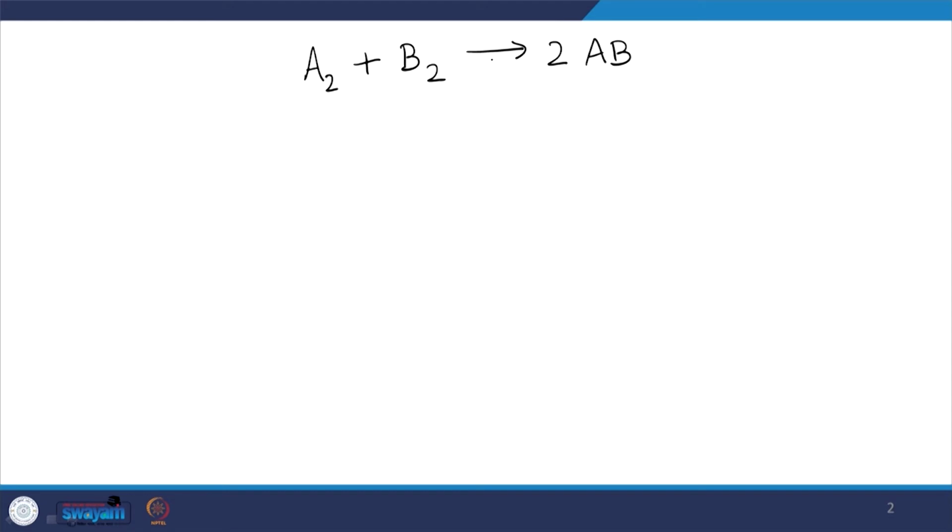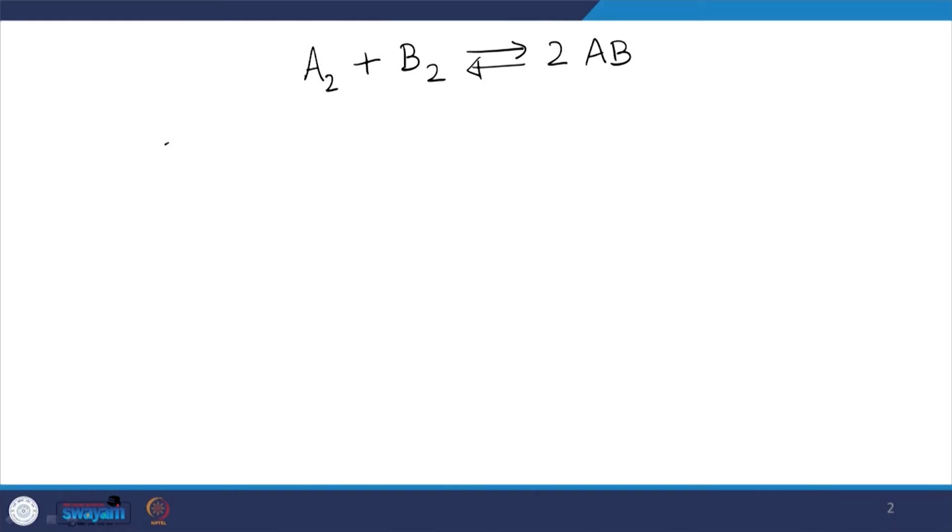That means A2 and B2 can combine to form 2AB, or 2AB can break down and form A2 and B2, right. And I am going to argue that the equilibrium of this chemical reaction, or the chemical equilibrium, can be derived purely on probability arguments using the idea of distributions I just mentioned.